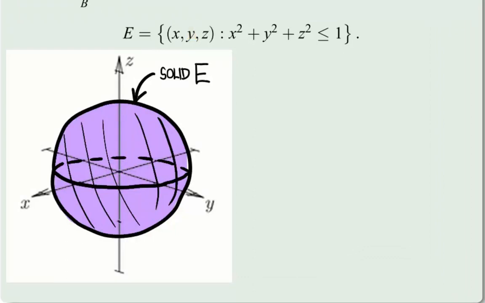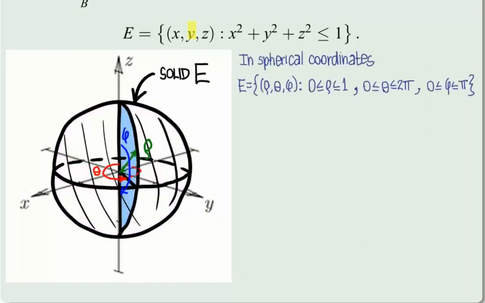Because if you have the unit ball over here, we can check that in spherical coordinates rho moves from 0 to 1. Theta moves from 0 to 2 pi because it goes all the way around. And now notice that phi actually moves only from 0 to pi, because since theta went all the way around, phi only has to cover half of the maximal semicircle.